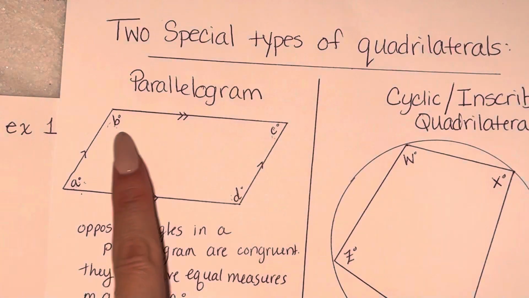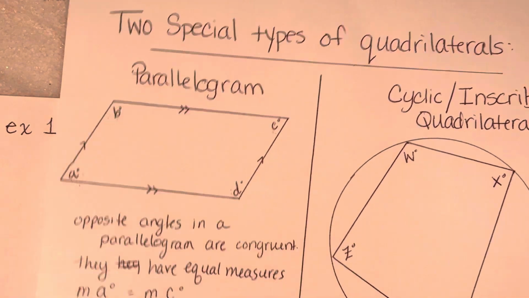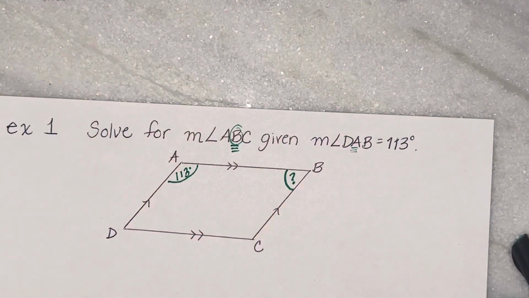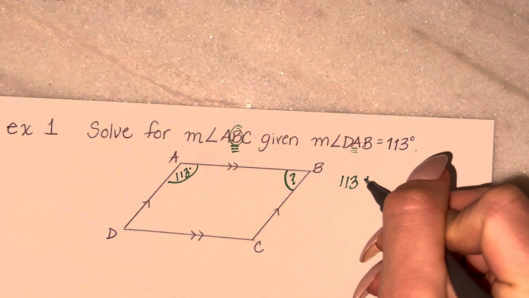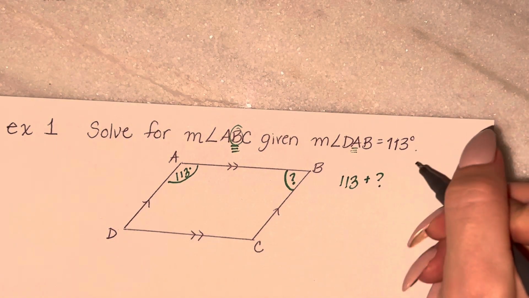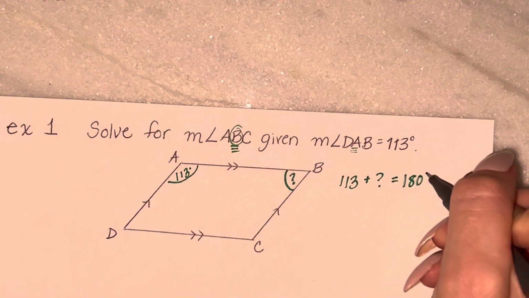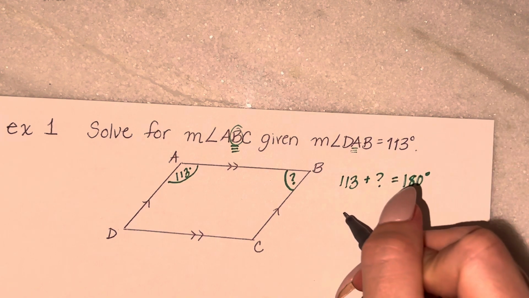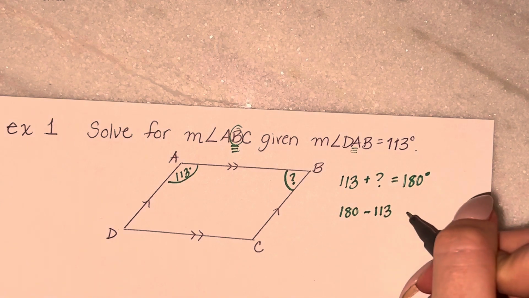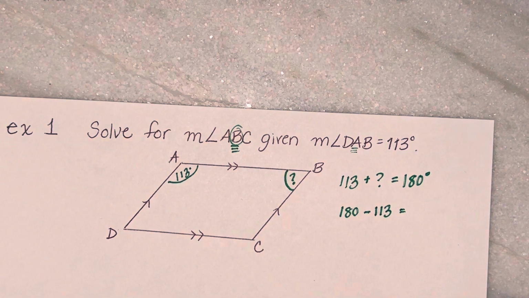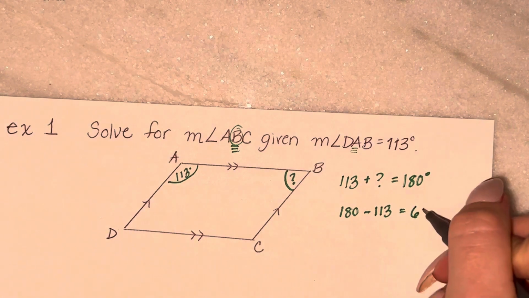That means when they're right next to each other like that, they're going to add up to 180. So we're going to say that 113 plus the one we don't know is equal to 180 degrees. So all we have to do to solve that is do 180 minus 113. And that'll give us the answer. So that answer should be 67 degrees.